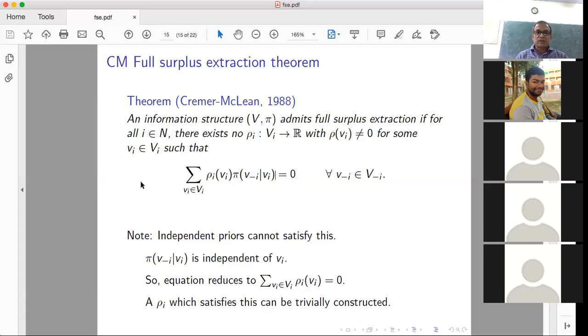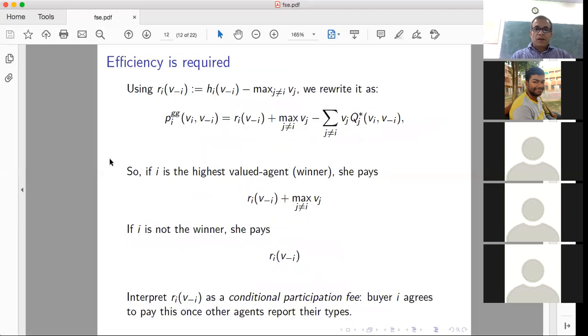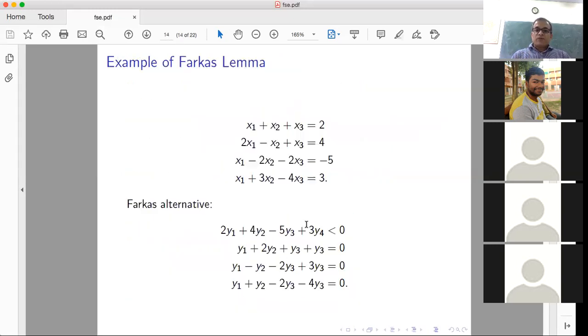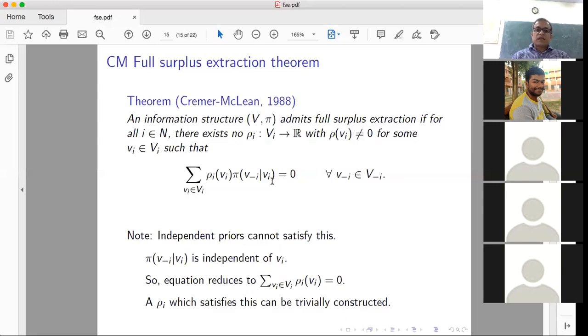So this theorem basically gives a sufficient condition on the priors such that we can admit full surplus extraction, and the mechanism used is a Groves mechanism. What the theorem is going to show is that there exists a participation fee, so there exist these r_i(v_-i)'s, such that the full surplus can be extracted if this sufficient condition is satisfied.